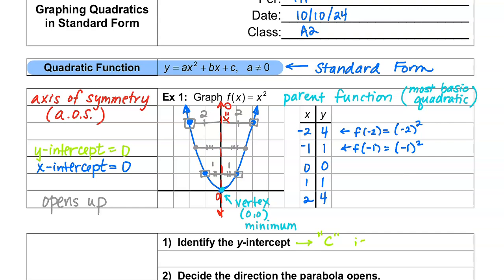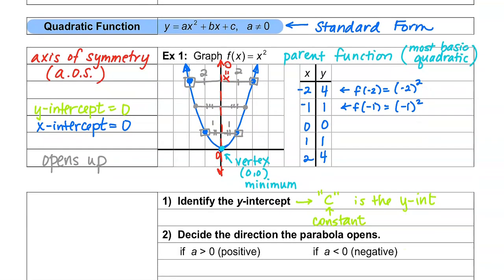So c is the y-intercept. I'll just write here that it's the constant. Notice in example 1, what was the constant? If I'm back up here in example 1, what's the constant? Do you see a constant?